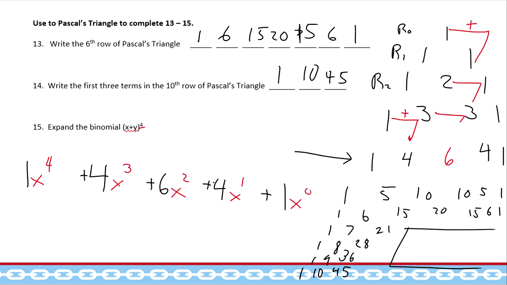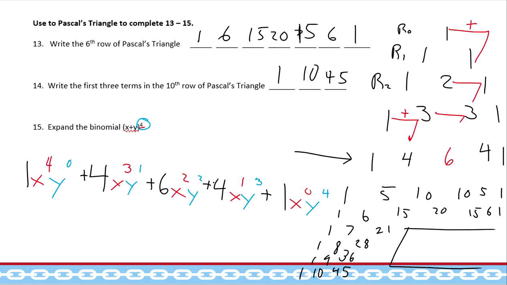We come back through with the y, and we're going to go the other way. We're going to start at 0 and go up to 4. And if you notice, as I'm going across, the exponents of the two variables add to 4, the same 4 that we have here, all the way across.